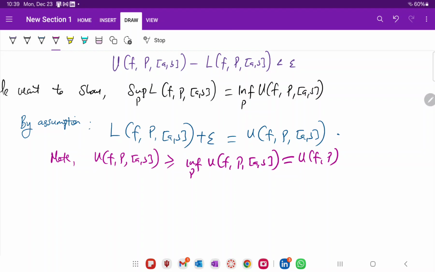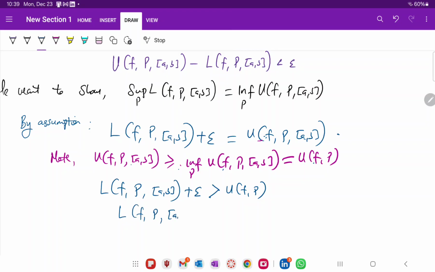So if we substitute this for this, then we have the lower Riemann sum plus epsilon greater than U of f, P. So if that holds, then we can have our lower Riemann sum greater than U of f, P minus epsilon.